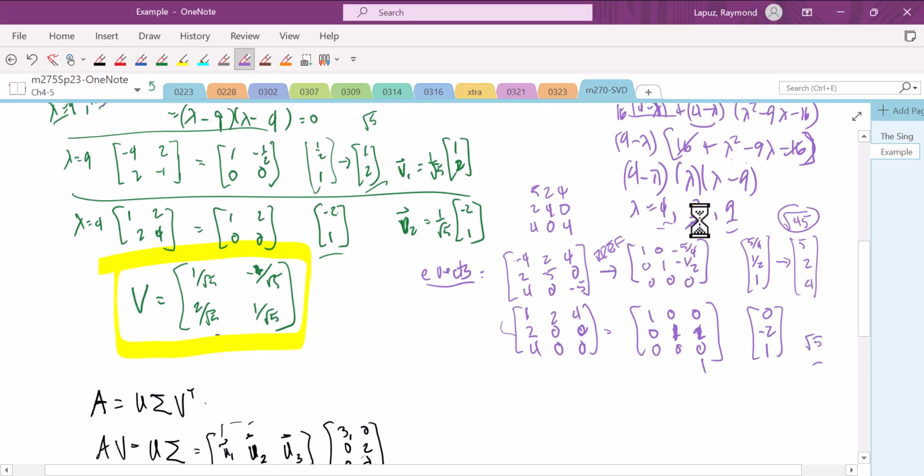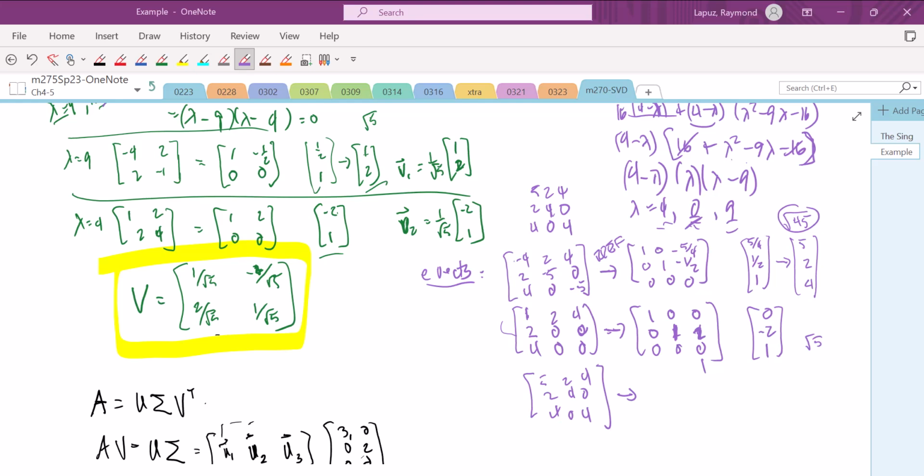Now my third column will have an eigenvalue of 0. So this is just going to be this matrix 5, 2, 4, 2, 4, 0, 4, 0, 4. And the quick RREF of this will give me a 1, 0, 1, 0, 1, negative a half, zeros here.